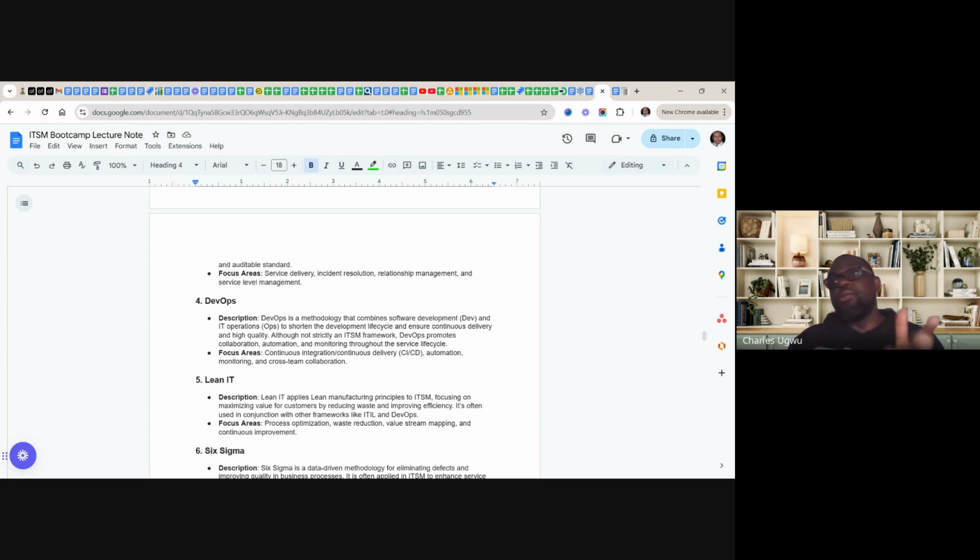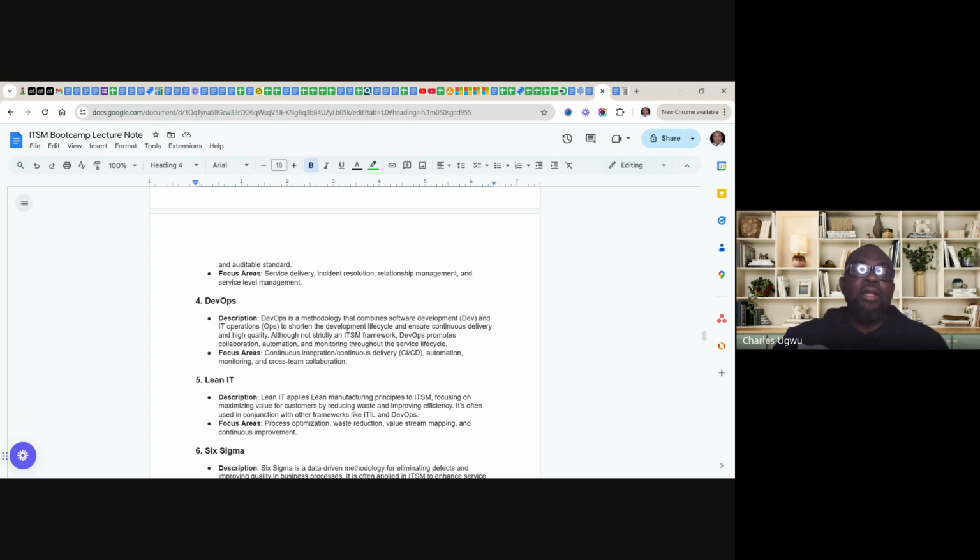So we can equally use DevOps. As you can see, it's not strictly an ITSM framework, but it can be used, seeing how it aligns the development environment with the operational environment, and this is where these services are being run.